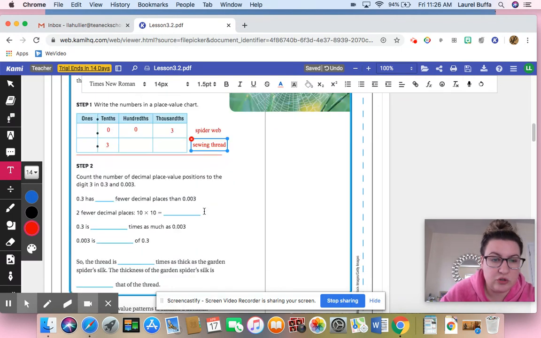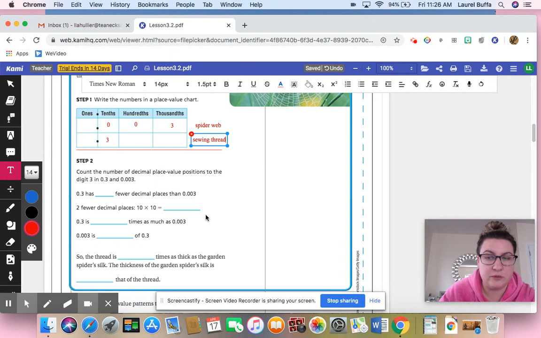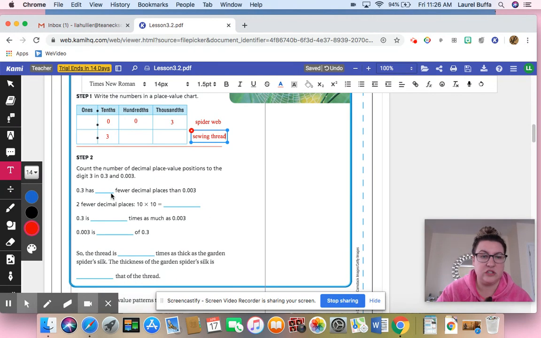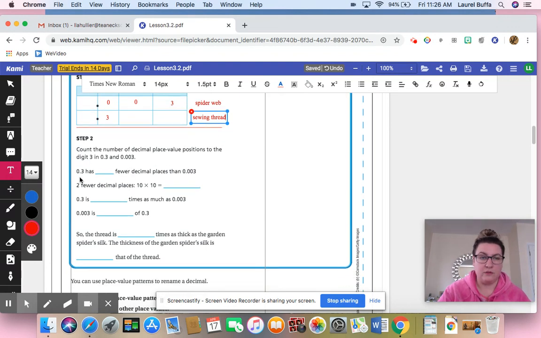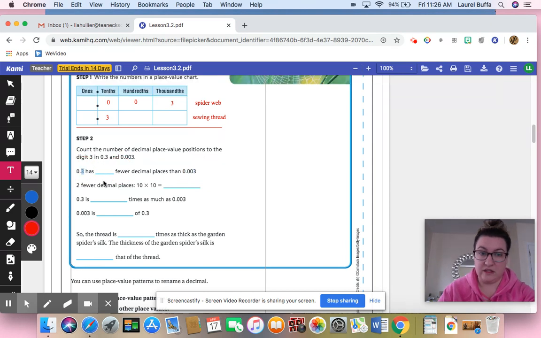Okay, step 2. Count the number of decimal place value positions to the digit 3 in 0.3 and 0.003. So 0.3 has blank fewer decimal places than 0.003. So we see there's 3 places in this digit, and there's 1 place in that digit. So it would have 2 fewer decimal places.